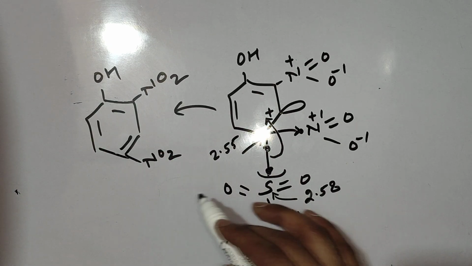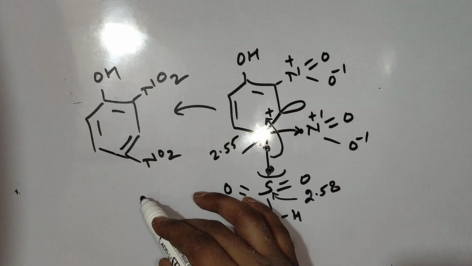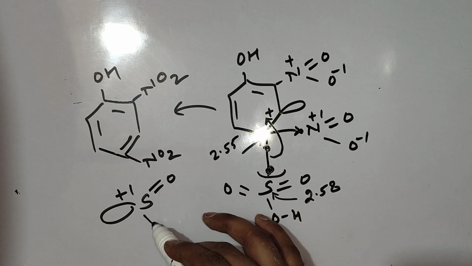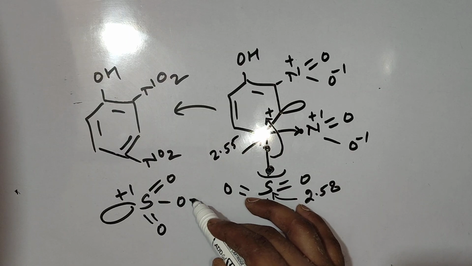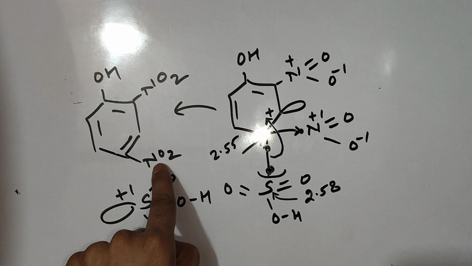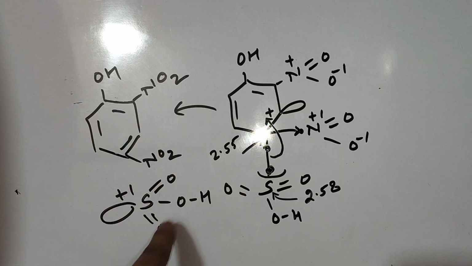And sulfur, because it has lost its electron, will have a vacant orbital with a +1 charge. The rest of the molecule is as it is. This will happen. Now you can check, the nitro group has replaced the sulfonic group.